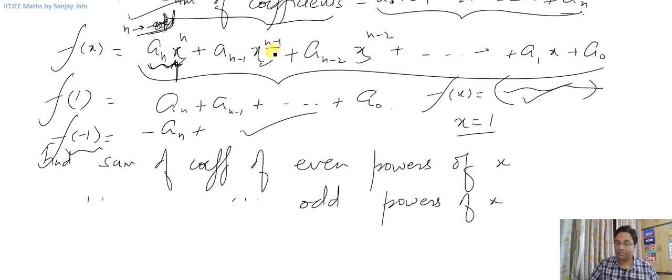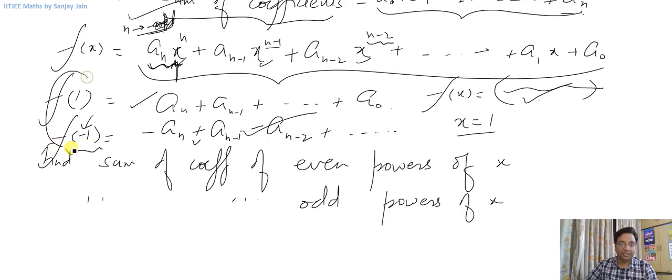Then n minus 1 is even, so this term will remain with the same sign. Similarly, the next term will change its sign because n minus 2 again will be odd. And so on. I hope you got the idea. When I put x equal to minus 1 in the polynomial, every term that has an odd power of x will change its sign.